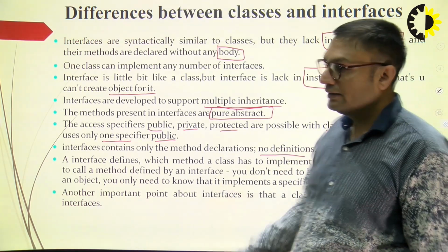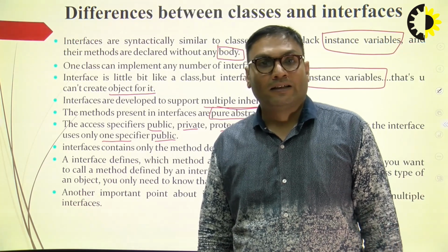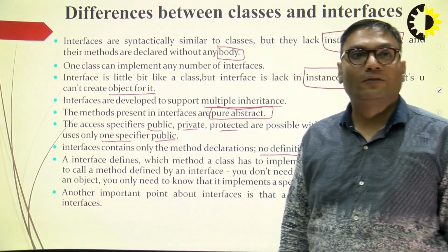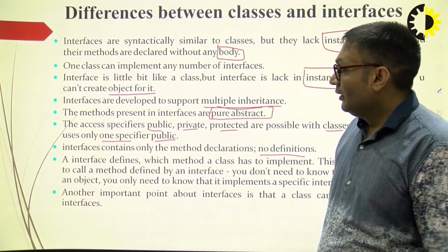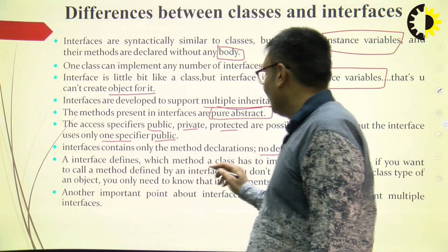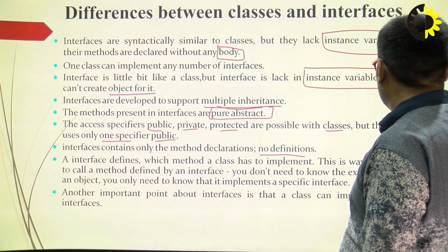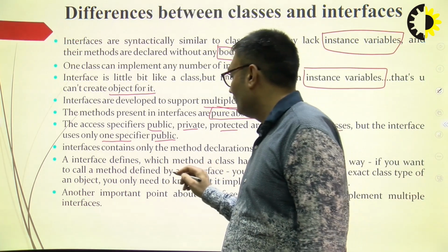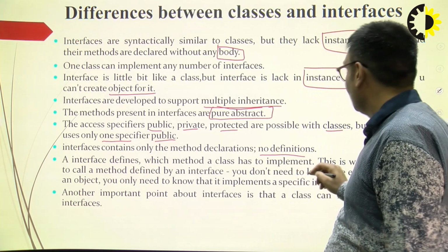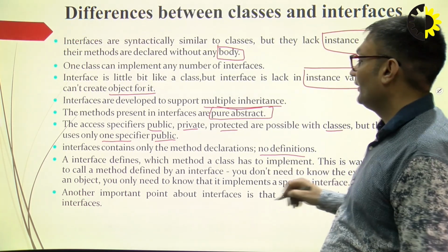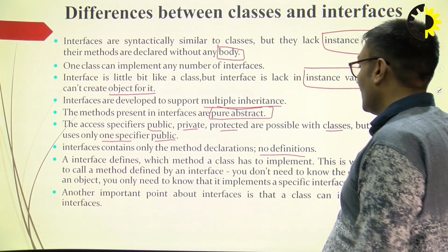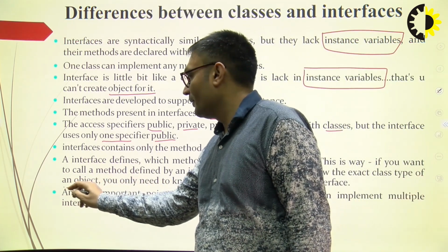I told you earlier that there is no body of a method in an interface, and an interface defines which methods a class has to implement. This way, if you want to call a method defined by an interface, you don't need to know the exact class or type of an object.